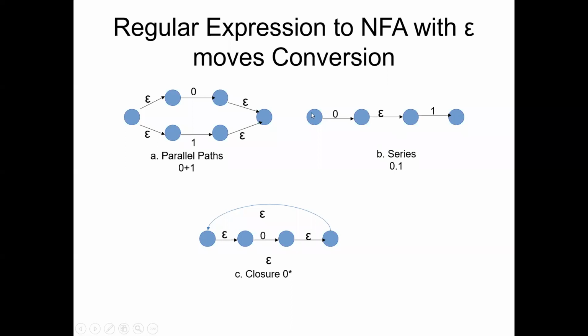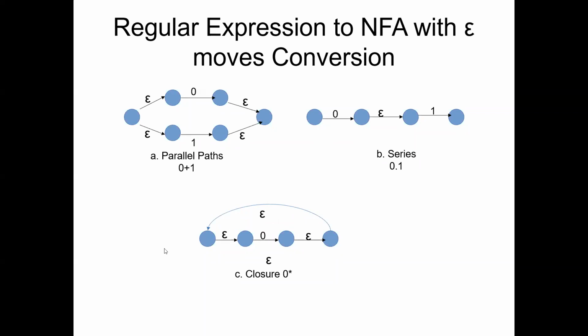If you have a closure, that is occurrence of 0 for zero or more number of times, it can be shown like this, where you show the occurrence of 0 multiple times.